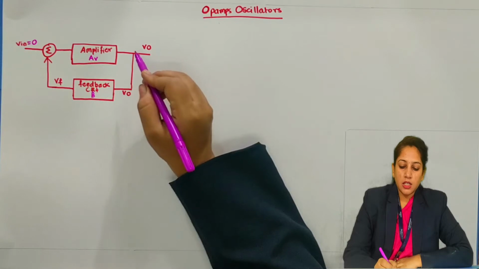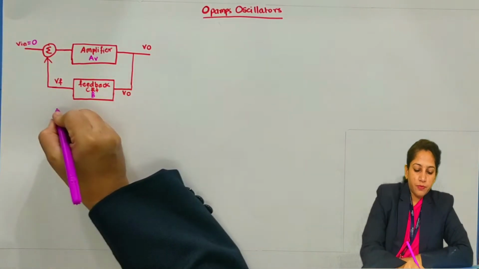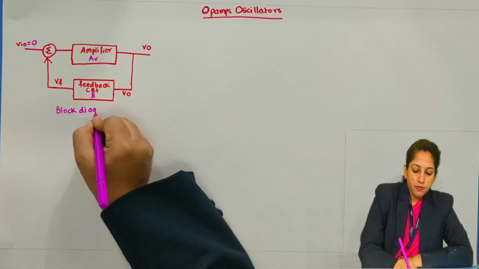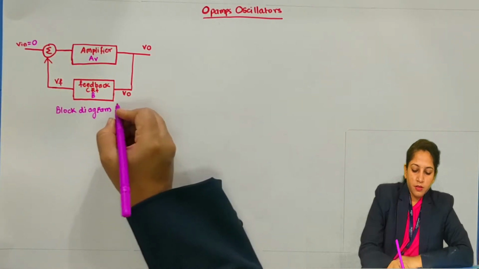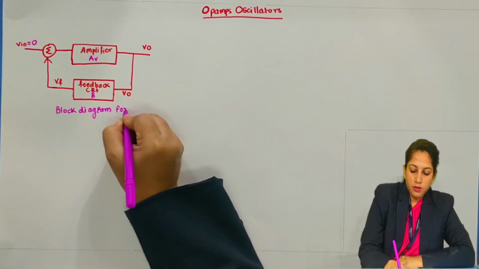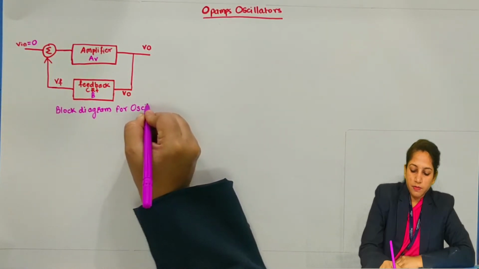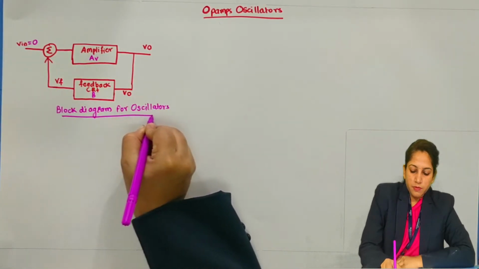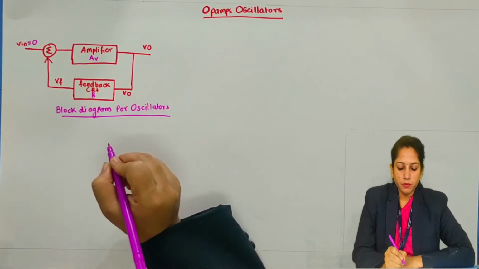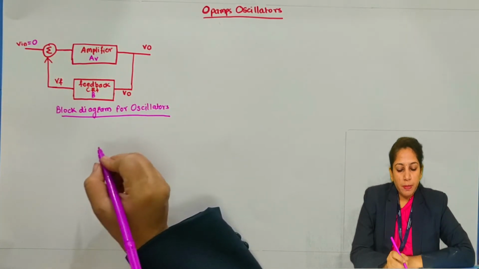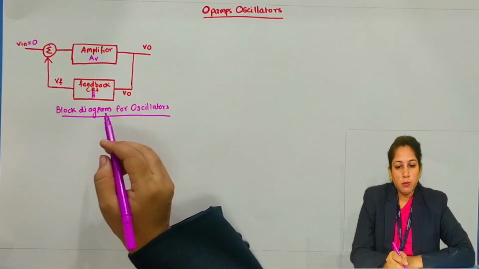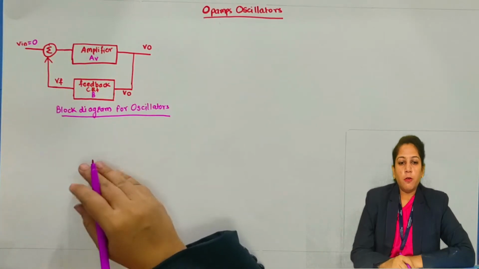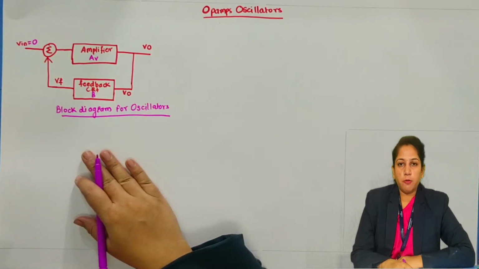So this is a block diagram for basic oscillators. Feedback here is positive because most oscillators use positive feedback. For this we will do a small derivation.